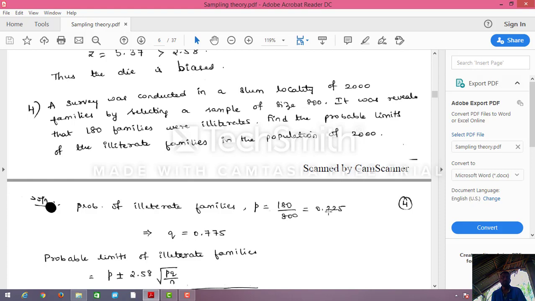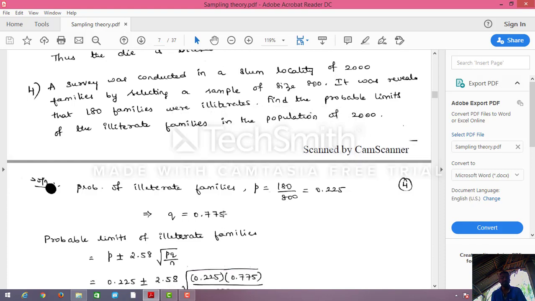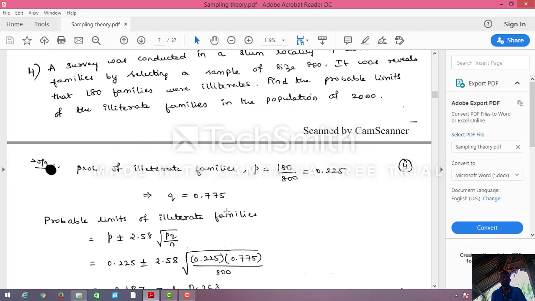If P is 0.225, Q equals 1 minus P. 1 minus 0.225 is 0.775. Now the probable limits of illiterate families formula I already have given: P plus or minus 2.58 root of PQ divided by N. This one should be at 1% level.